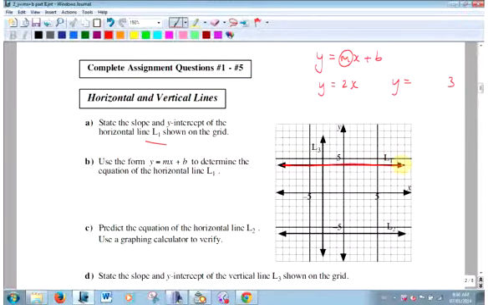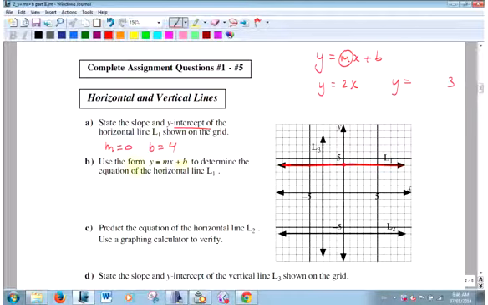Okay? L1, that's a horizontal line. State the slope. What's the slope of a horizontal line? You should already know this. You shouldn't have to calculate y2 minus y1, but if you do, you'll find it's 0, right? Okay, slope is 0 for any horizontal line. Y-intercept, there it is.